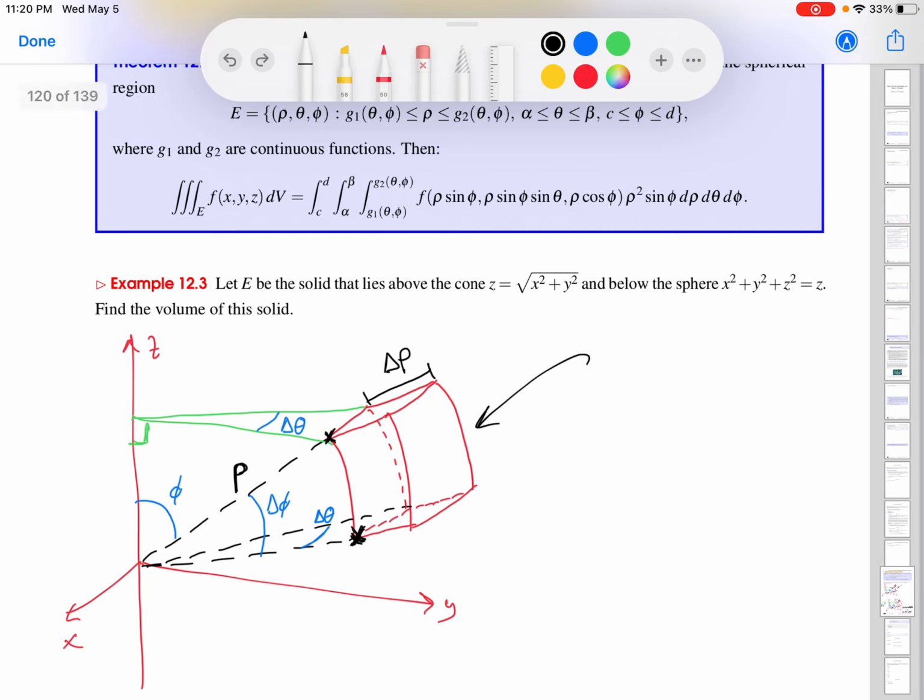You end up over here, kind of on the back side of this wedge. And then you could go back your delta phi to end up here in this part of your wedge. So if you've done all that, then you have traced out this back part of the wedge right there.